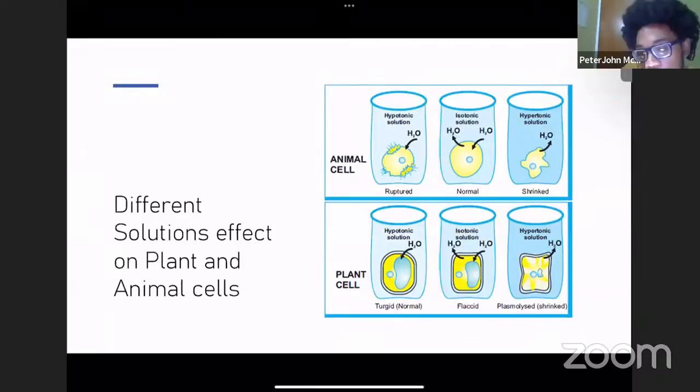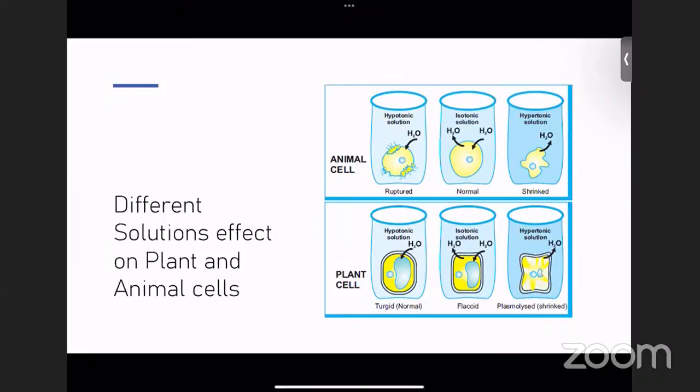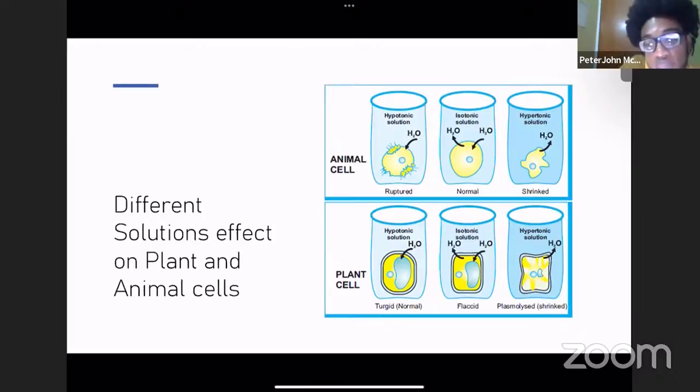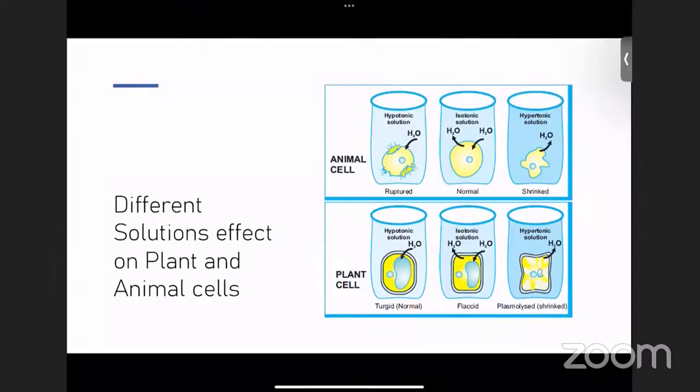And what do we notice about the vacuole? It becomes smaller because that's where the water is coming from. What do we notice about the cell membrane? It shrinks as well. What do we call that? Plasmolyzed. Plasmolysis. All right, perfect. What do we notice about the cell wall? Stays the same. It maintains its shape. Perfect.